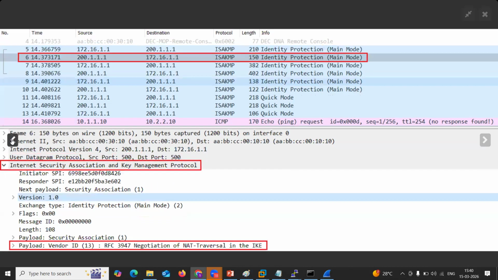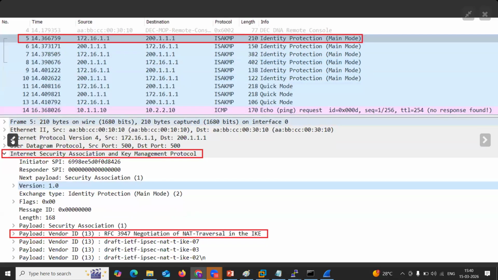Yes, I get you very well, but I'm not comfortable with that. When I saw the architecture of IPsec, on IKE we have two phases: phase one ISAKMP and phase two IPsec.